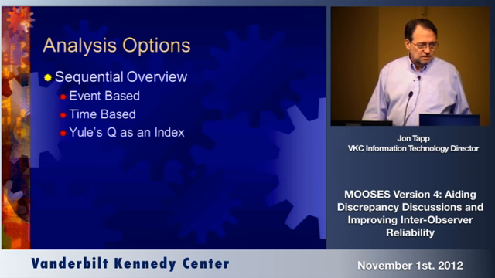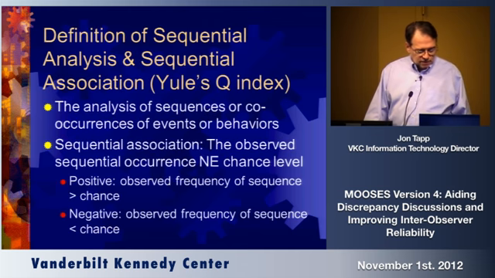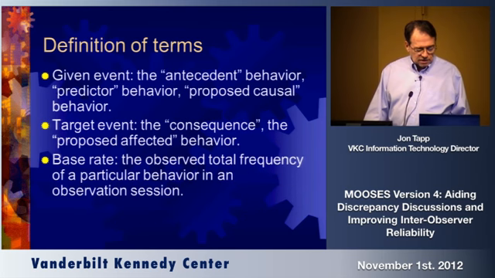Yeah. So Yule's Q is the index that we normally use. I'm not going to go into this too much because when you need to know it, we'll go into it.